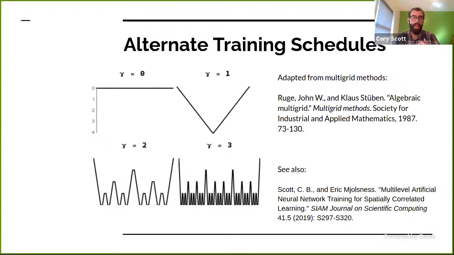And so we can adapt our training schedule to say, train the finest level in our hierarchy, and then the intermediate one, and then the coarsest, and then back to intermediate, back to fine. That would be gamma equals 1. Gamma is just a recursion parameter that says how often you recurse to a coarser level in the hierarchy.